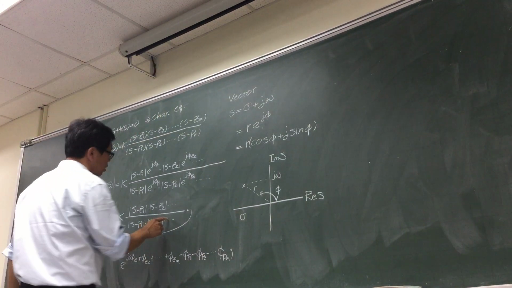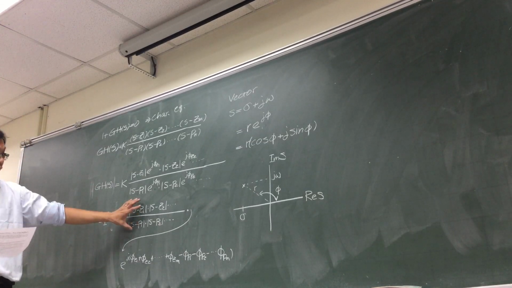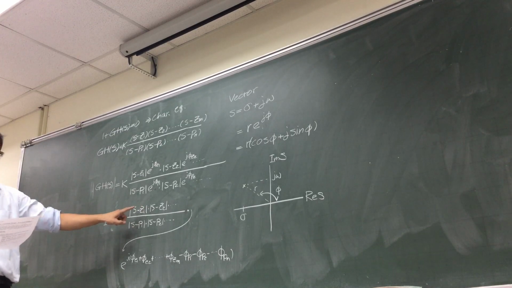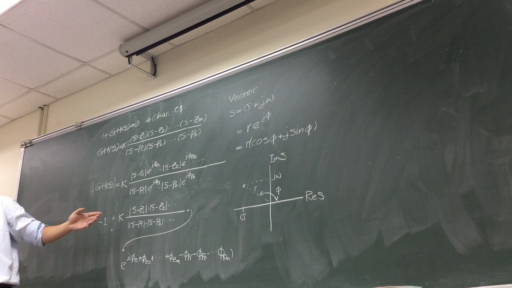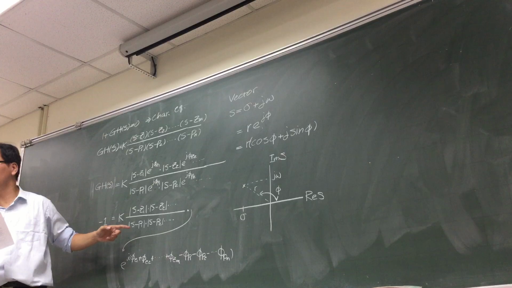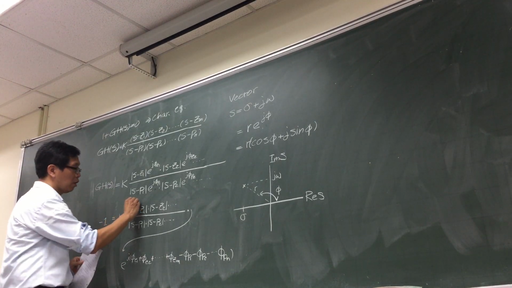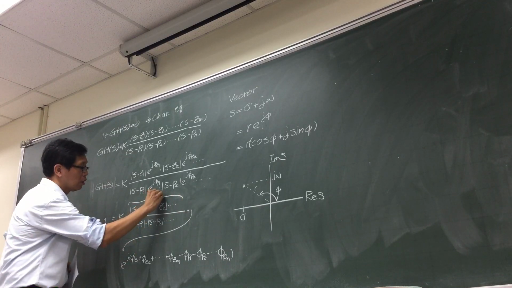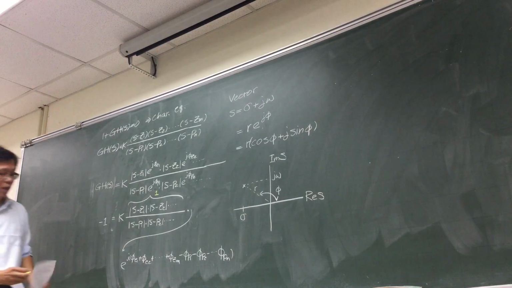Since this part over here is an absolute value, can this part be a negative number? No, this must be positive, right? Since it's an absolute value. So everything over here is going to be positive, which means this part over here must be 1. I have a negative sign over here.